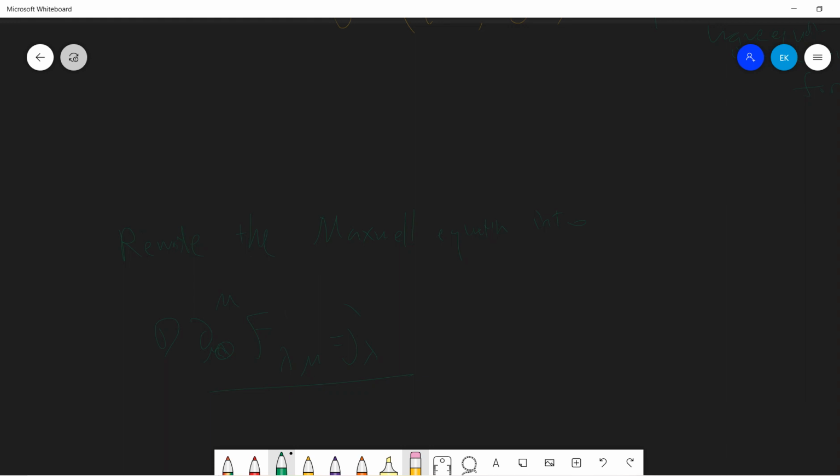Oh, so it should be, yeah. And another is somehow like this one. So we will define what's still. So next time we just try to write the Maxwell equation into a covariant form.